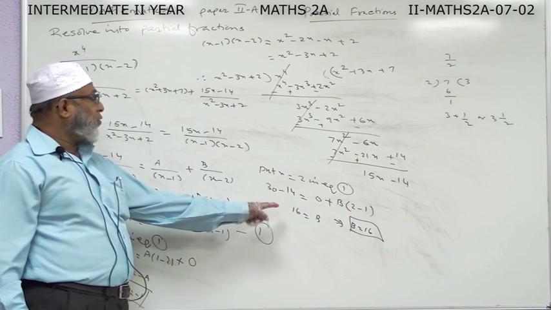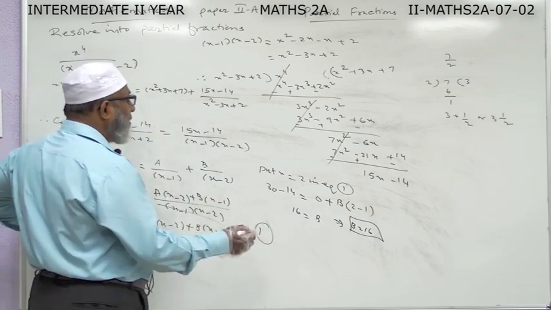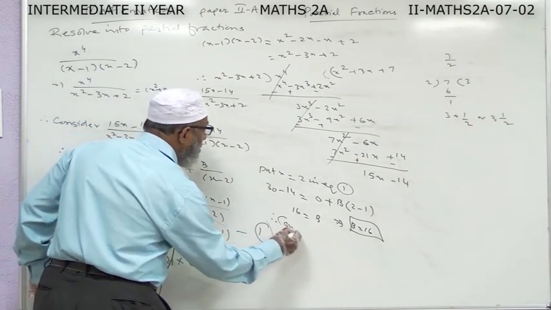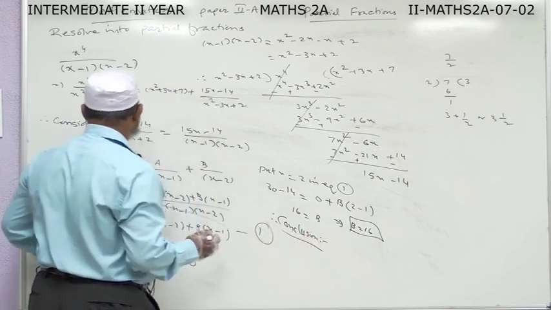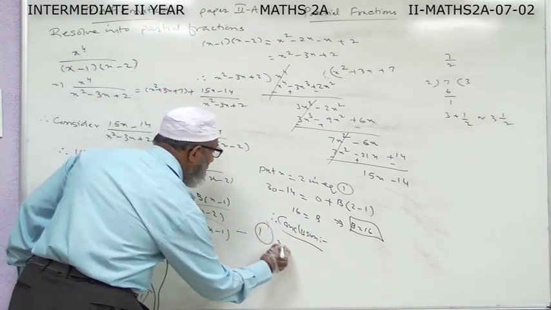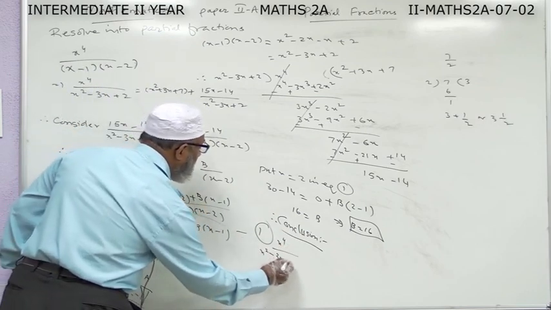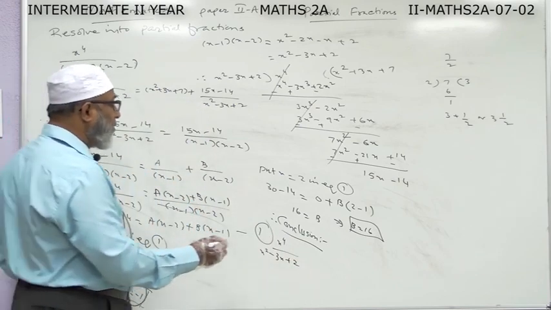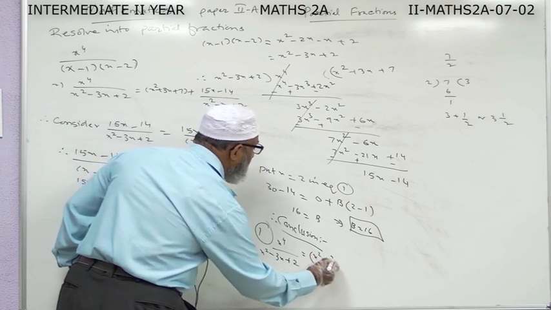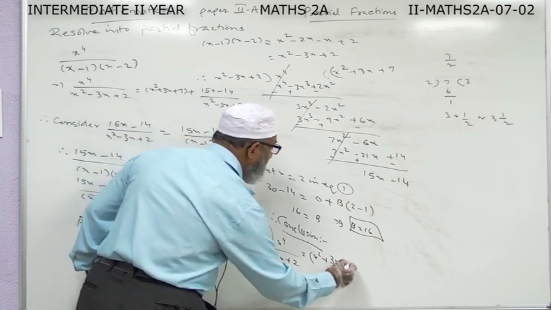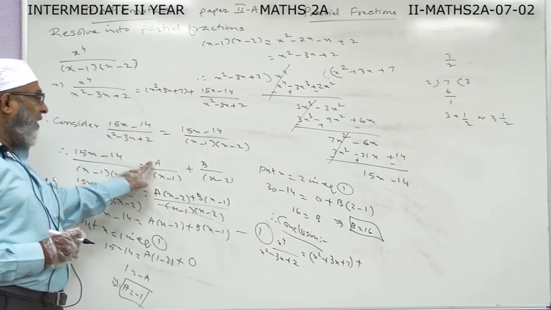Therefore, I have to substitute all these values here, keeping this in consideration also. Therefore, my conclusion is that (x to the power 4) divided by (x square minus 3x plus 2) is equal to x square plus 3x plus 7 plus, for a, what is a?